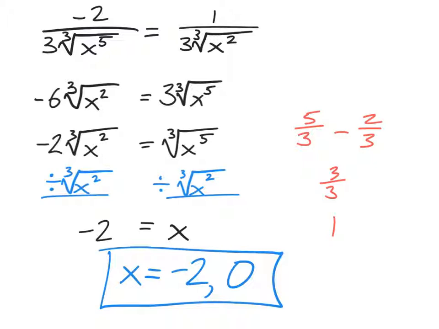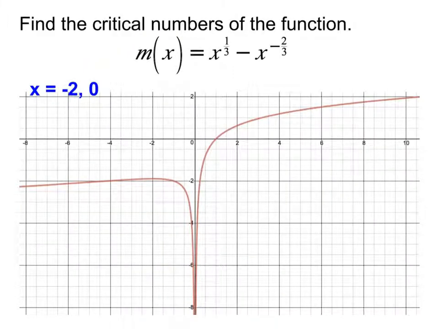Now, to help bring home what we did and what that really looks like, let's look at the graph here. If we had graphed this function, this is what the graph looks like, at least on this particular interval. And you'll notice here, at our 2 spots, where x equals -2, that's that point right there.